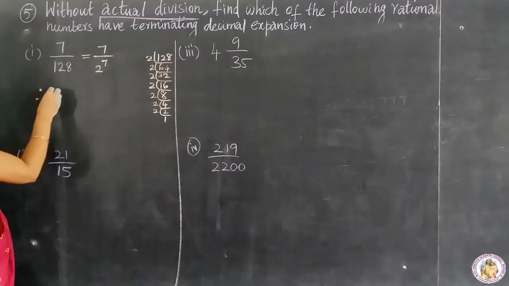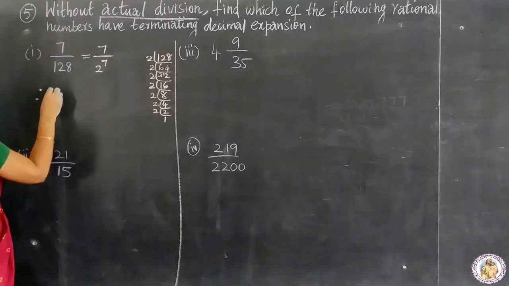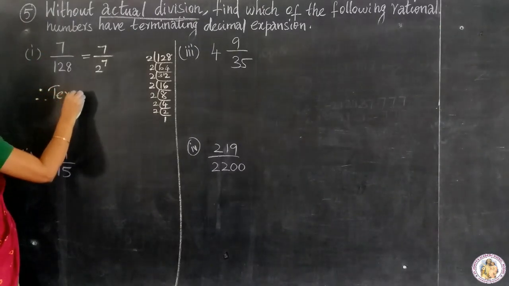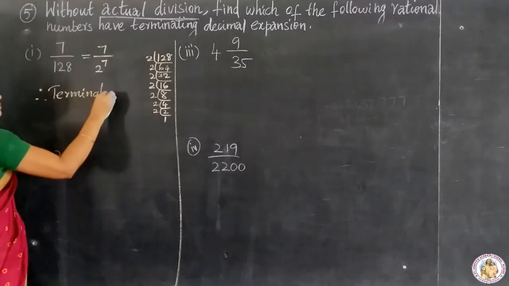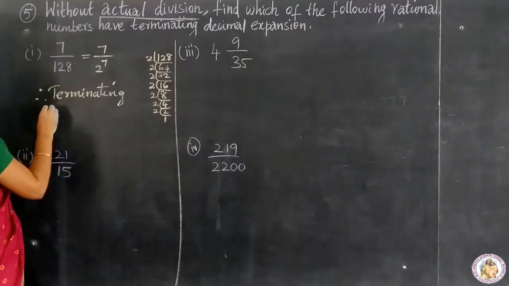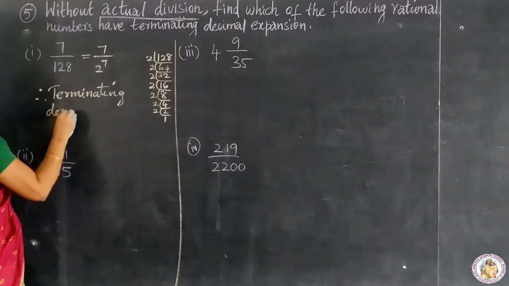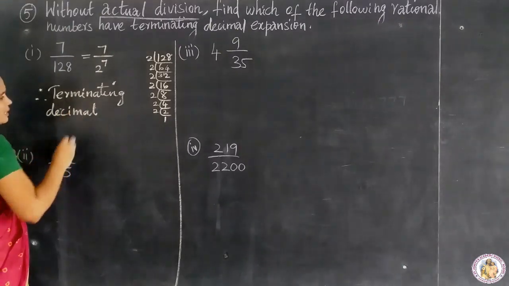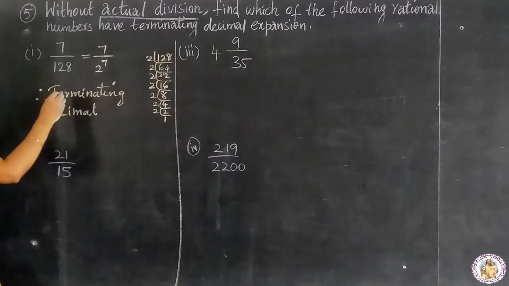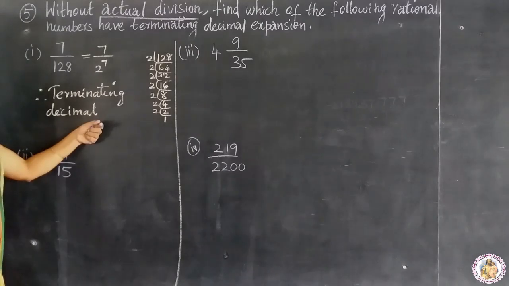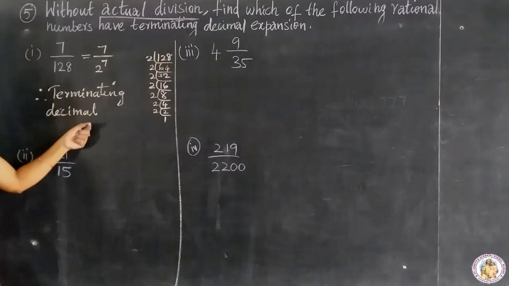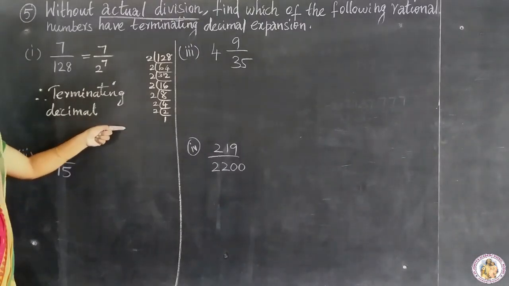So therefore it is a terminating decimal expansion, as it is in the form of p divided by 2 to the power of m into 5 to the power of n.